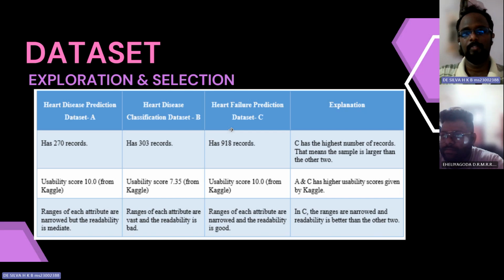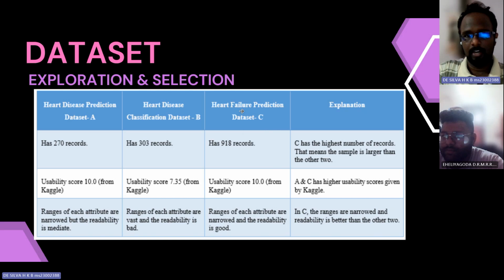When analyzing these three datasets, we considered this kind of criteria. According to these criteria, we selected this C dataset as the most appropriate one for our prediction task. You can see some explanations for that.